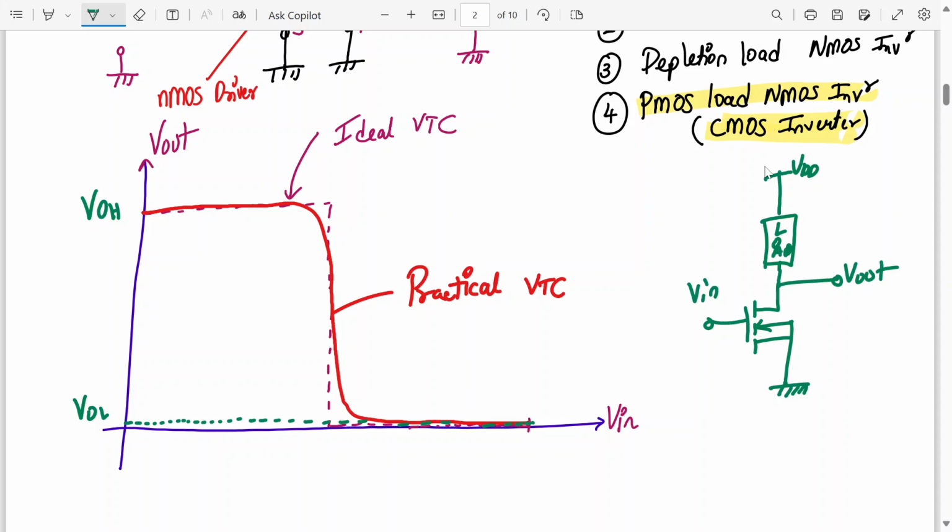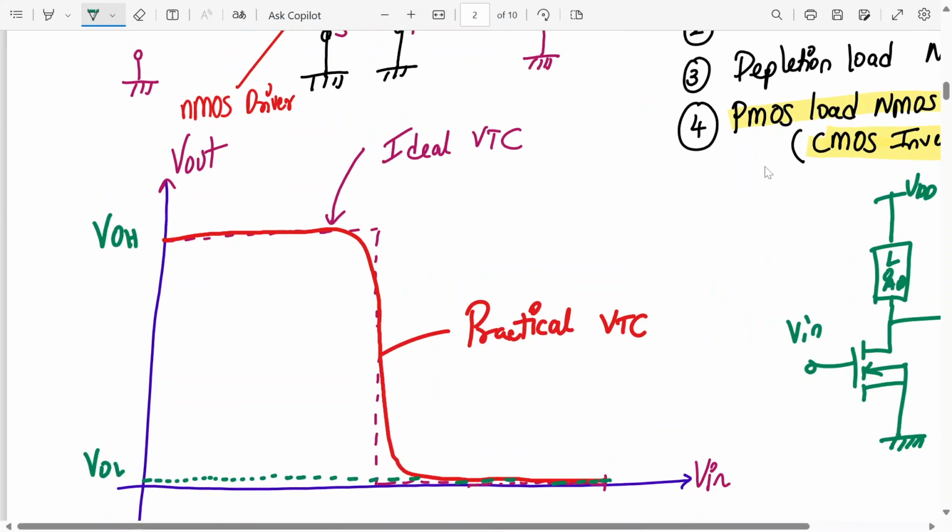Now see, how do we measure VIL? The first time this curve goes down, you take a tangent of that, and you extend that tangent down. This point is called VIL, input low.